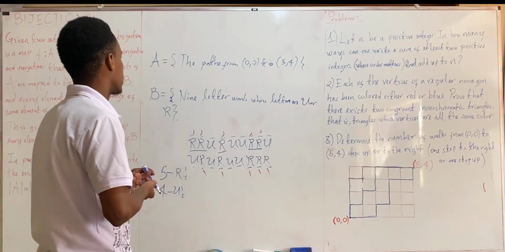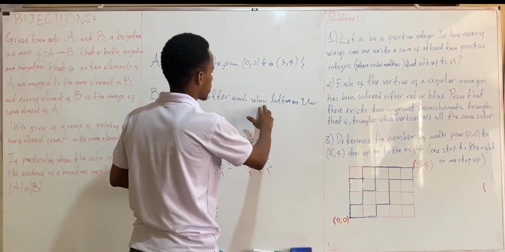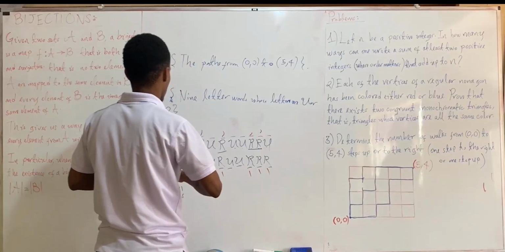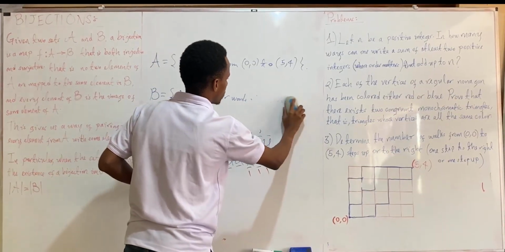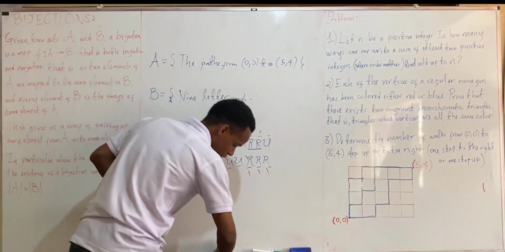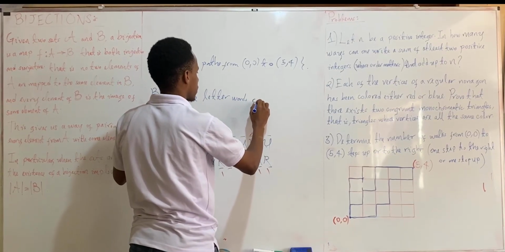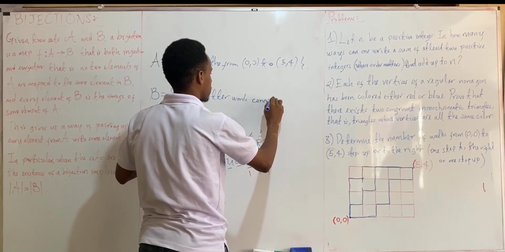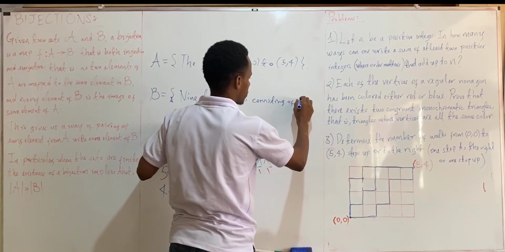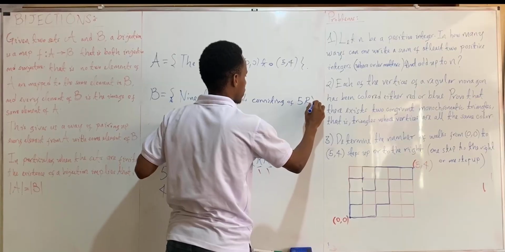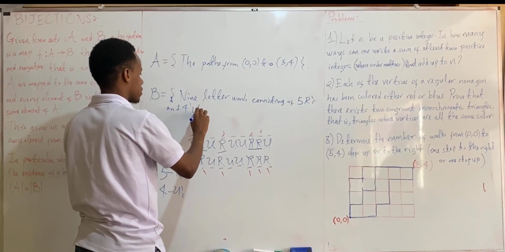So in this case, you can define this set B as 9 letter words whose letters are either U or R, maybe you can modify this. You can say that it consists of 5 R's and 4 U's.